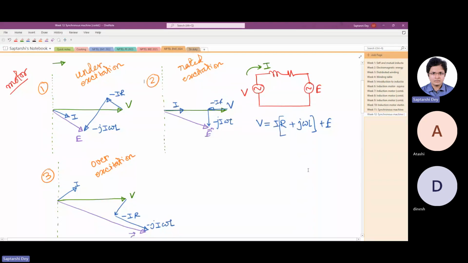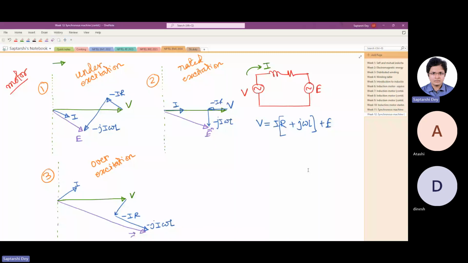So what we have done is we have drawn the circuit, and then we have drawn the phasor diagram for different cases. What are the different cases? First, the current is lagging, that is the motor is operating at lagging power factor. Then we took the current at UPF, and then the current leading.